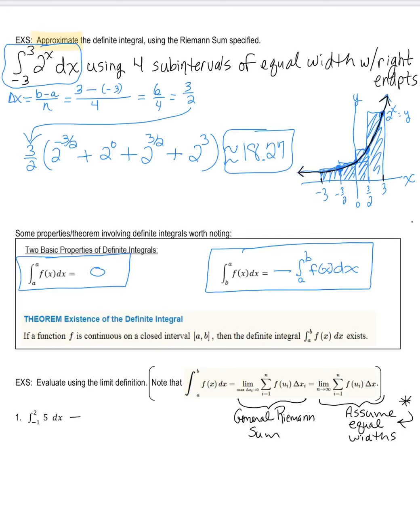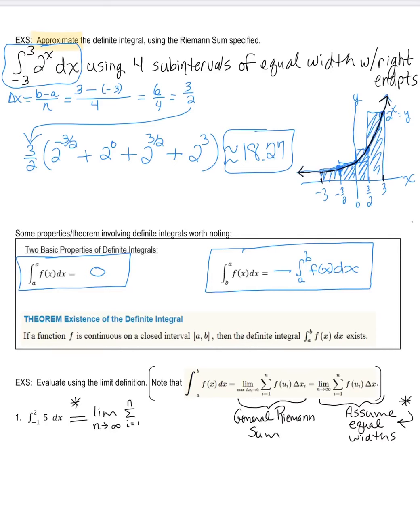Okay, so if I assume equal widths, I'll put my little asterisk here, we're going to be looking at the limit as n goes to infinity of the sum as i goes from 1 to n. Now, the f function here, we don't really have any place to put in a u sub i or a c sub i or anything like that.